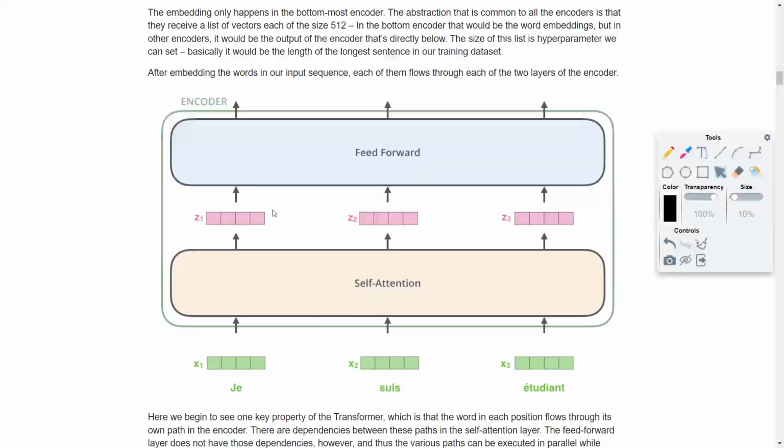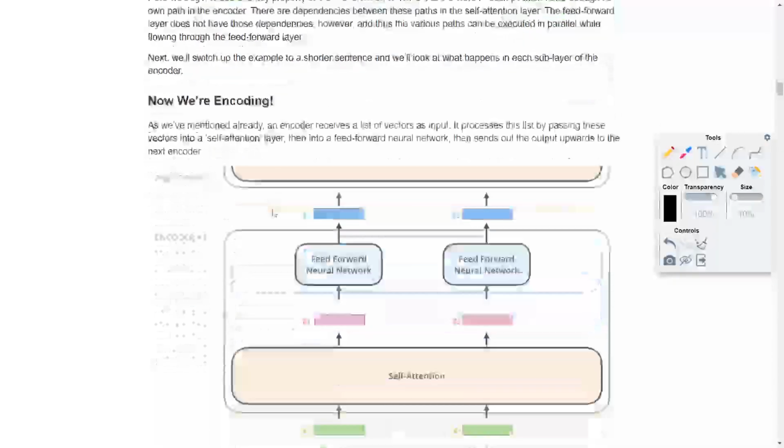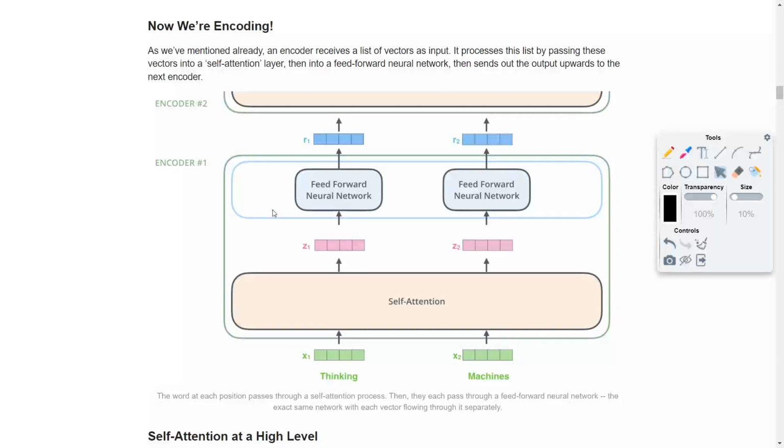Now in the encoder part, with the introduction of these input embeddings, we pass the input embeddings to the self-attention layer, and after processing through the self-attention layer we get some outputs z1, z2, z3, and then we pass all these outputs to the feed-forward layer for further processing.